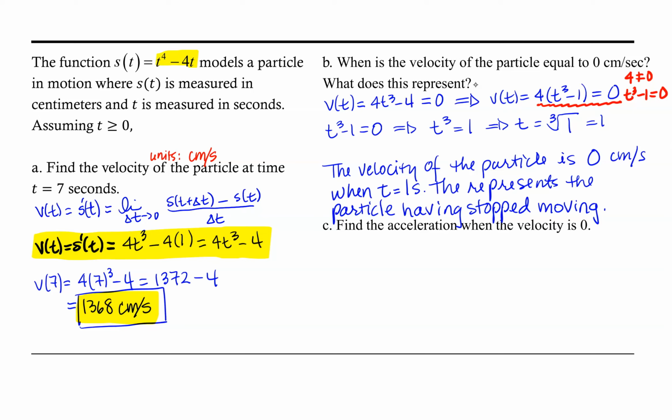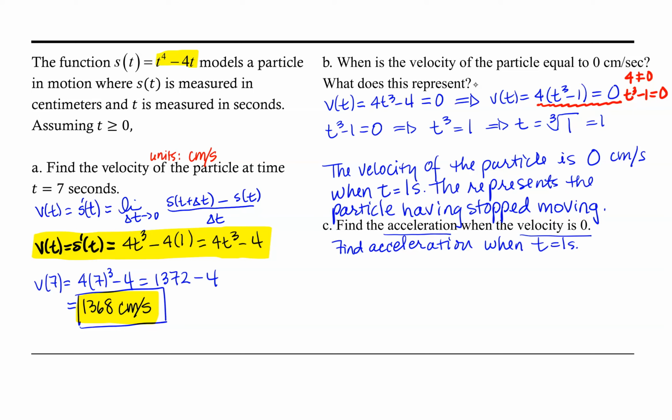Now, we want to find the acceleration when velocity is 0. So basically, we're asked to find acceleration when velocity is 0. Well, velocity is 0 when t equals 1 second.